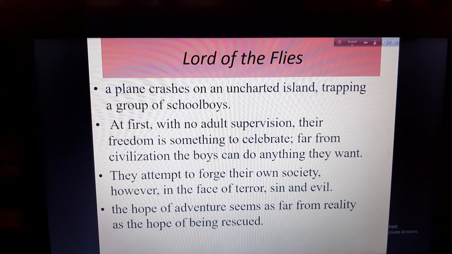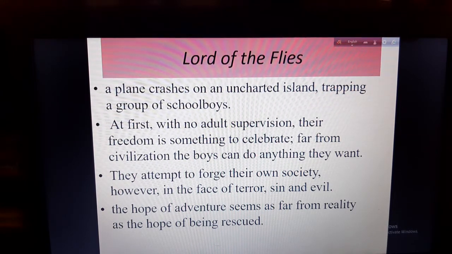At first, they became very happy because these school-going friends are now in an isolated land without their parents. Far from civilization, the boys can do anything they want, and they attempt to forge their own society. However, they have to face terror, sin and evil.